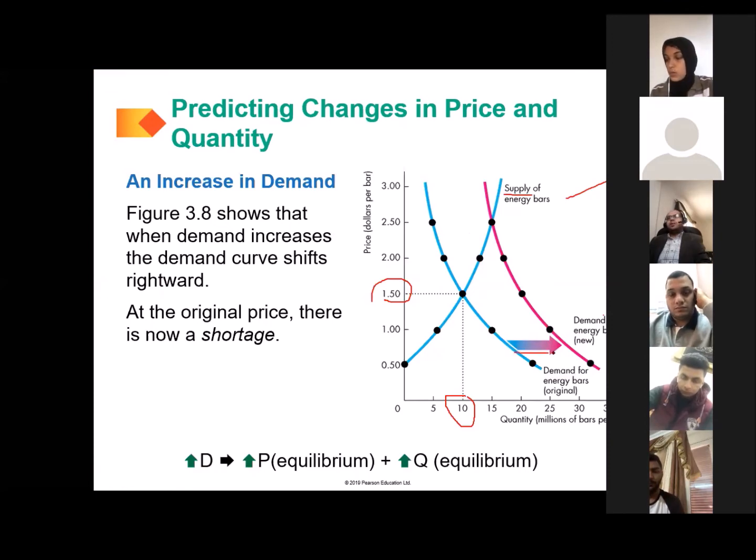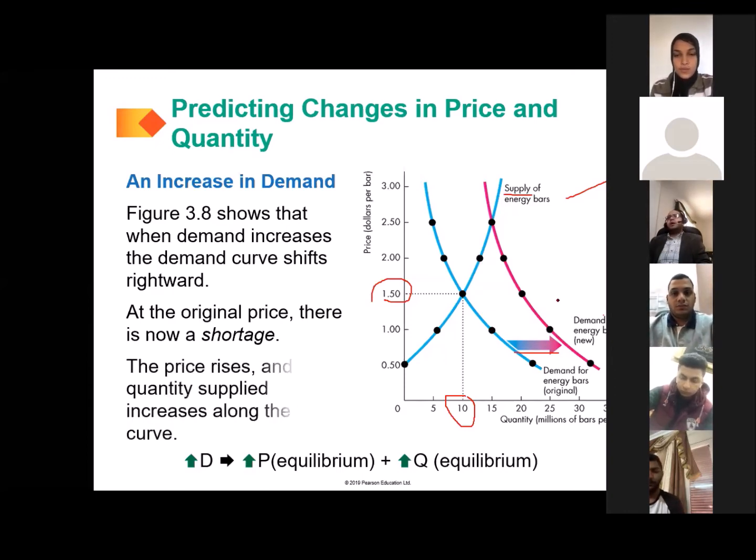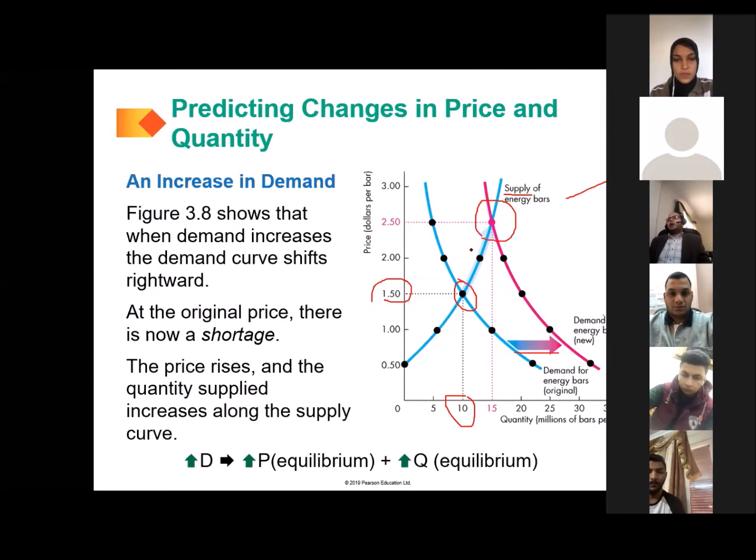When the demand increases, the demand curve shifts to the right, and therefore we have a new equilibrium point. So we moved from this point to this point. What will happen to the market when consumers increase their demand, like what happened today?